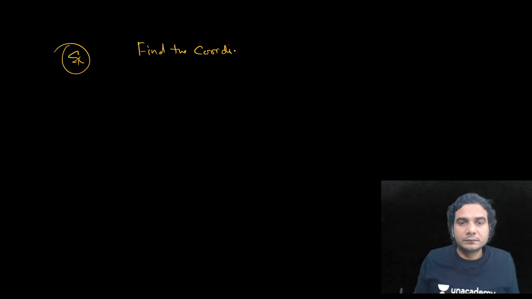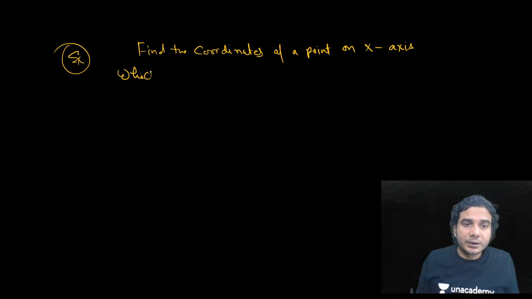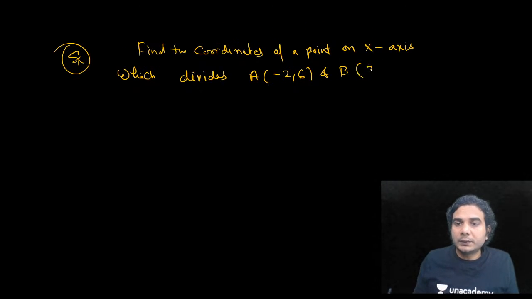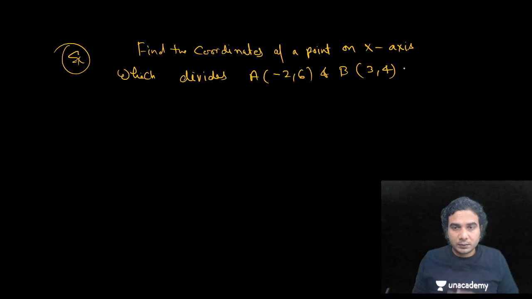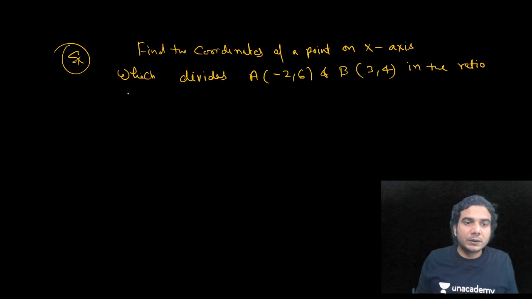Now let's do one example, and it's a simple example. Find the coordinates of a point on x-axis which divides A (minus 2, 6) and B (3, 4) in the ratio m is to n, where m and n are co-prime.